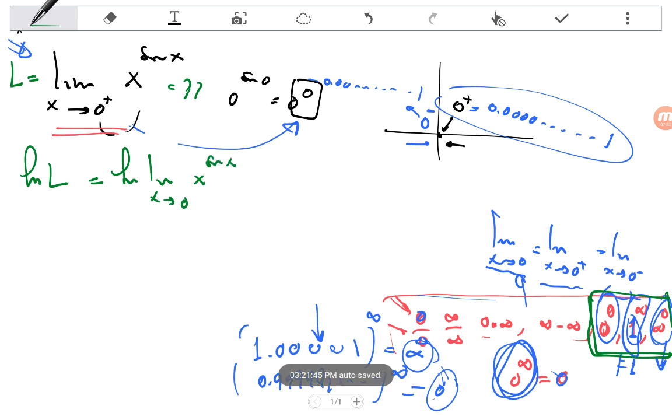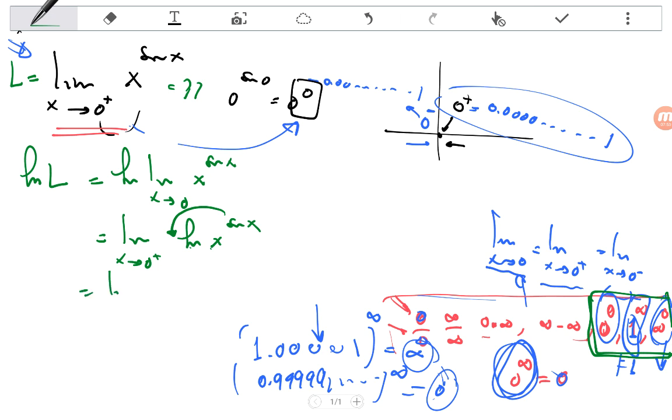Now there is a rule that tells me that ln of limit is the limit of the ln. So this will be limit x approaching 0 of ln of x power sine x. And ln of x power sine x, the sine will go beside the ln. So that will be limit x approaching 0 plus of sine x ln x.